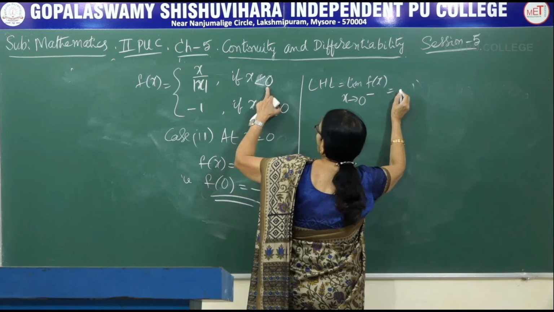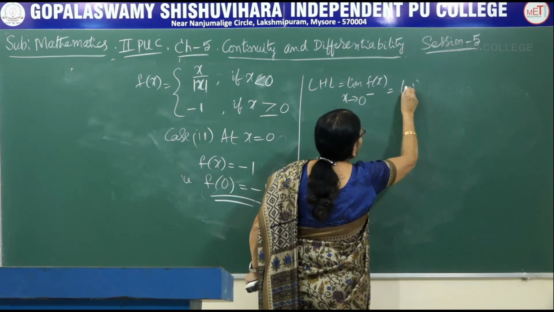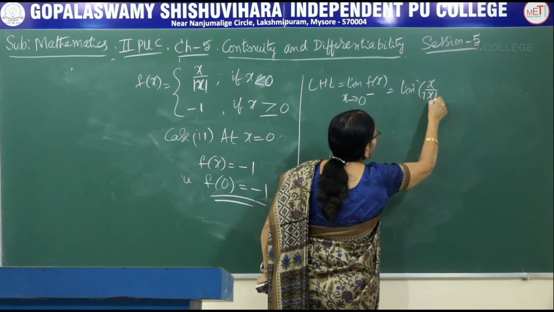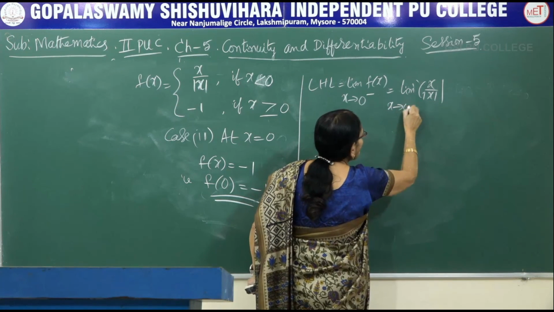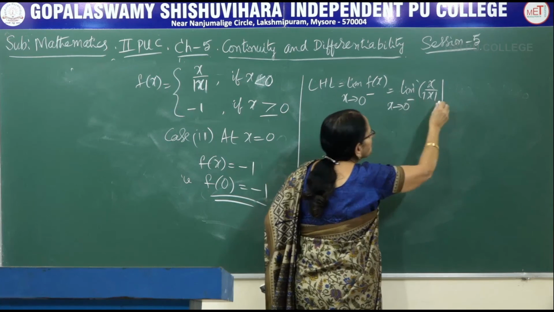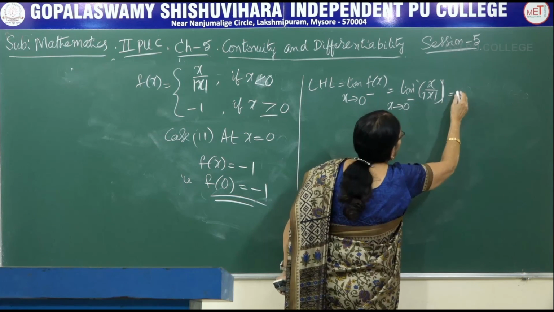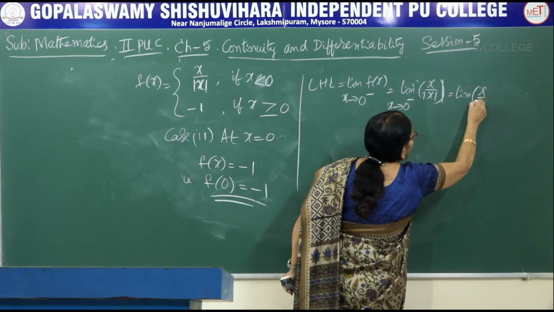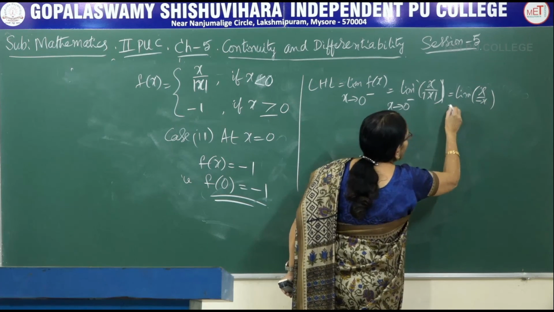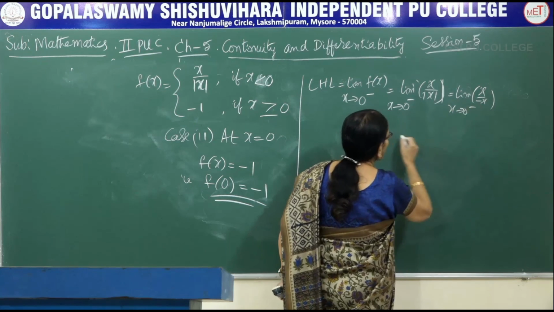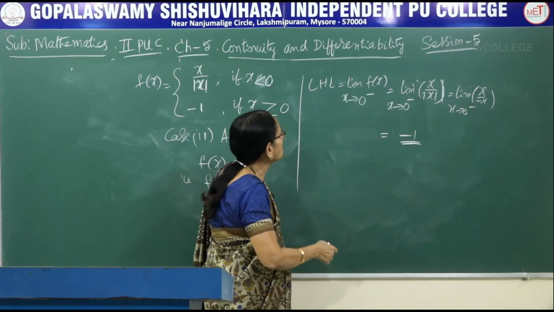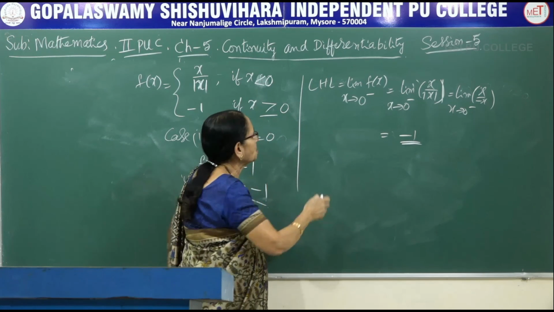It is the limit of x divided by mod x as x tends to 0 minus. Since we are considering the negative values, it becomes limit of x divided by minus x as x tends to 0 minus. So, x by minus x is minus 1. The left hand limit is minus 1.